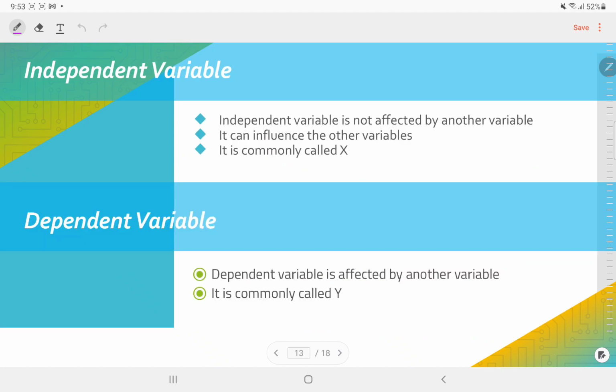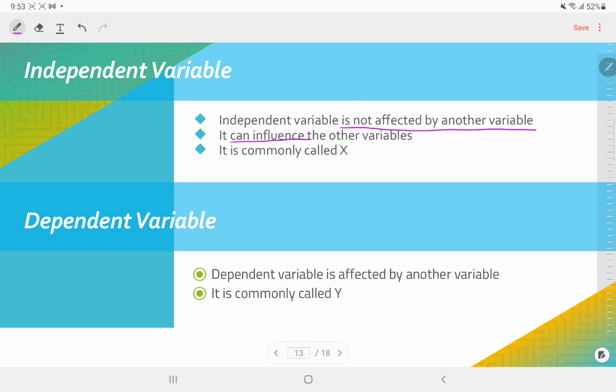Okay, just go on to the next one. This is the independent variable and dependent variable. So what are they? The independent variable is not affected by another variable, but on the other hand, it can influence the other variables.